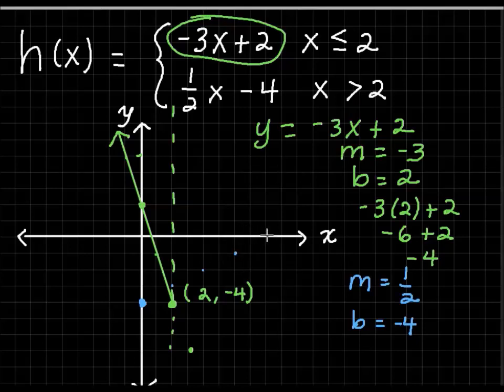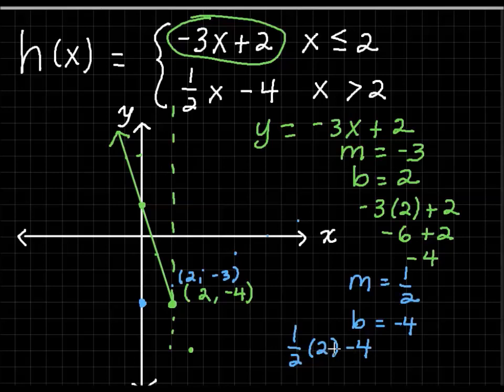So let's do a couple more. I can see that the value at 2 is 2 comma negative 3. And I can also verify this one by just substituting the 2 into the expression. So instead of 1/2 x, it'd be 1/2 times 2 minus 4.